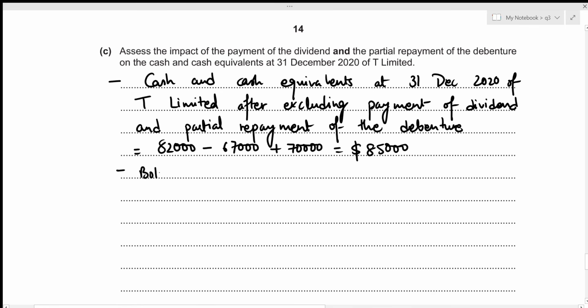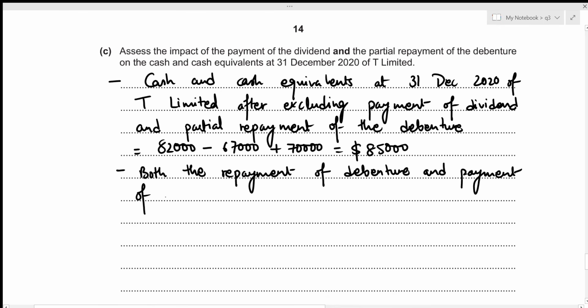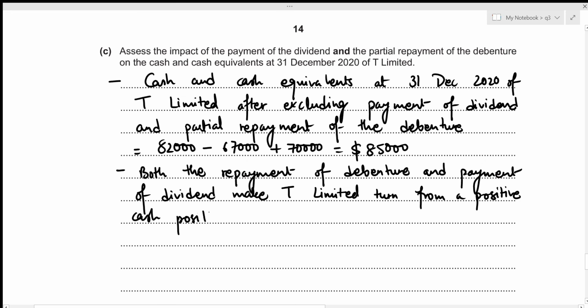Both the repayment of debenture and payment of dividend make T Limited turn from a positive cash position to a negative cash position.